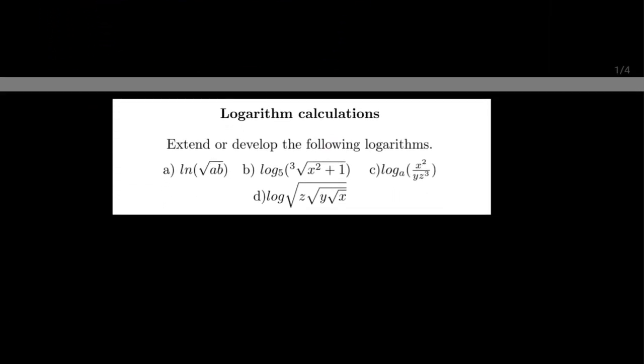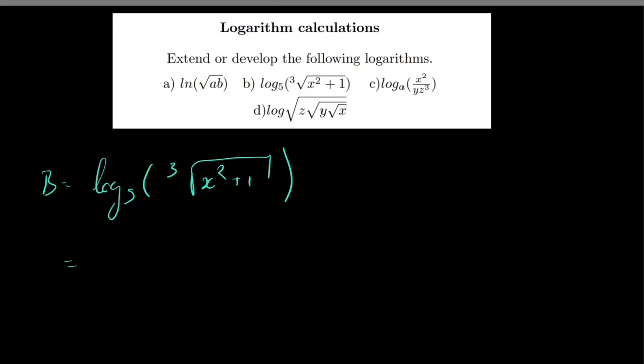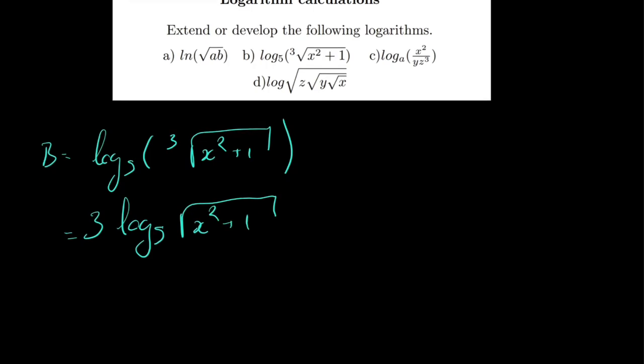Second question, we've got B is equal to log in base 5 of square root of x squared plus 1 to the third power. Using the rule about exponents, this is equal to 3 times log 5 of square root of x squared plus 1. And we know that the square root is equal to the power 1/2.